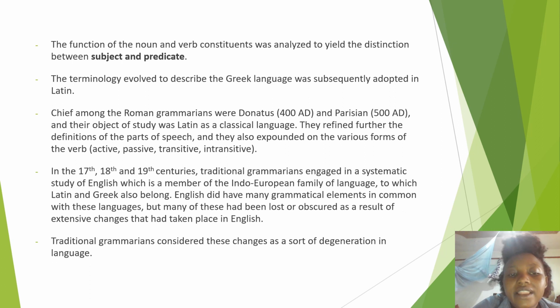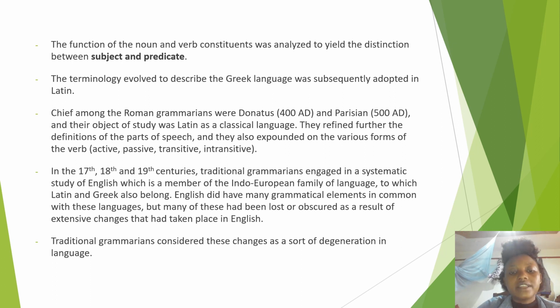In the 17th, 18th, and 19th centuries, traditional grammarians engaged in a systematic study of English, which is a member of the Indo-European family of languages, to which Latin and Greek also belong.